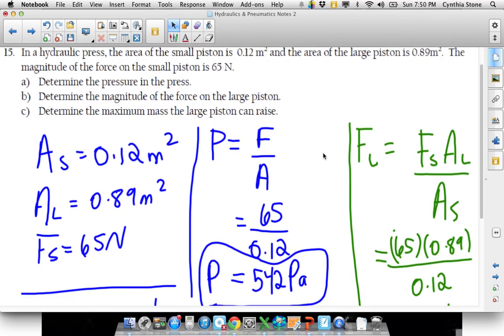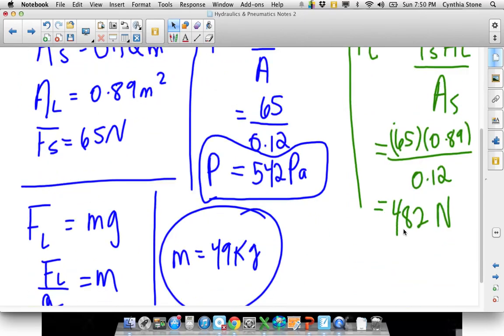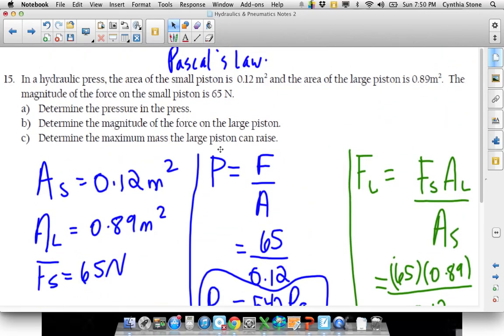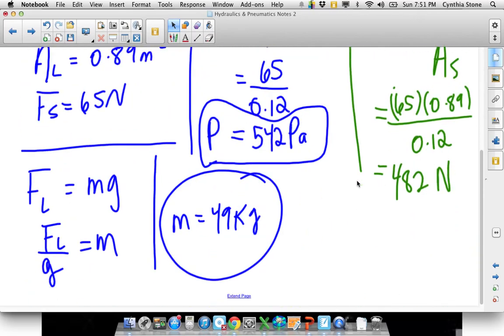And determine the maximum mass the large piston can raise. So here, if you know FL, it's going to be ml times g. So you solve for ml. And that's it. There's the answer. So that little piston can only lift 50 kilograms. Not a great answer, but small.